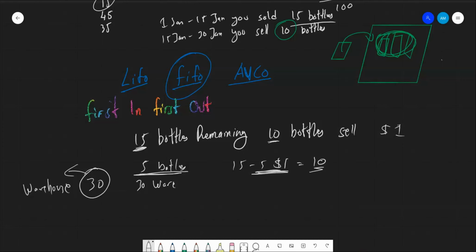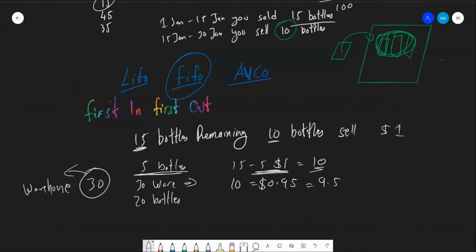The remaining 10, we would measure at the value of the 30 new bottles that we have. So those 10 would be measured at $0.95, which is 9.5, I hopefully believe. Okay, and then we have 20 bottles remaining, right?